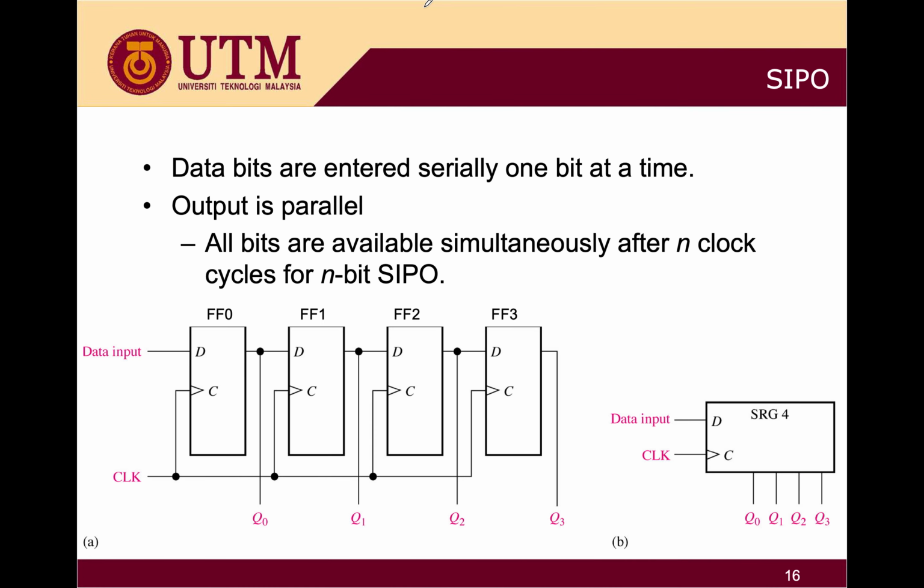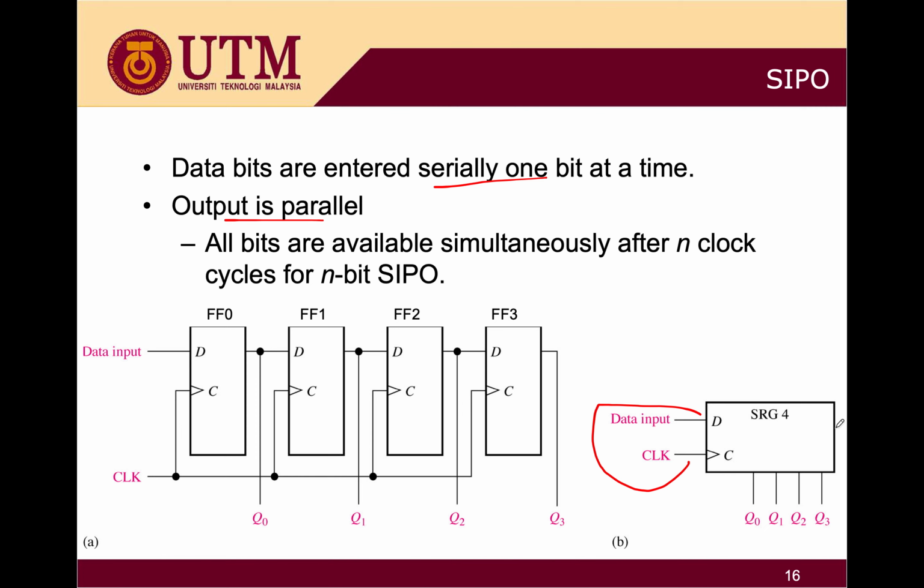After you learn SISO, you need to move to SIPO. You can see over here the data bits are entered serially, 1 bit at one time. So it's still similar, serial in, but the output is different, the output is parallel. You have the serial in.